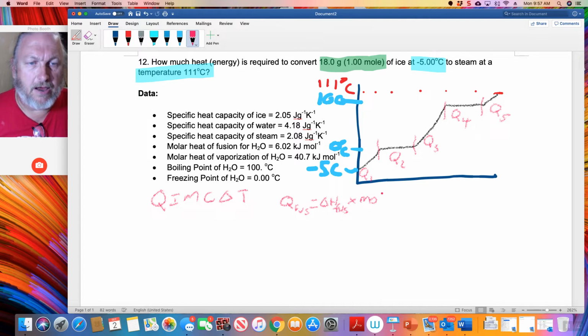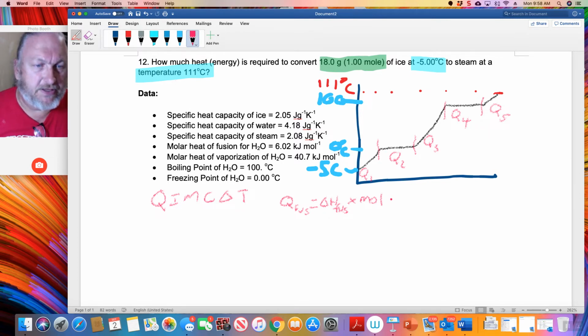Right now in our career, I'll give you how many moles you've got, which is 1 mole. And then what goes on at this stage right here: here we're changing from solid to liquid. Here we're changing from liquid to gas.